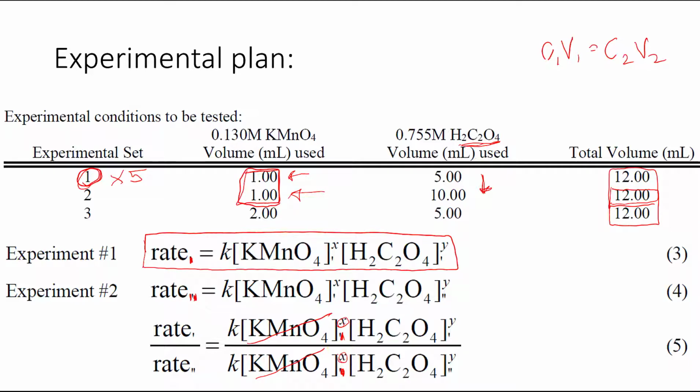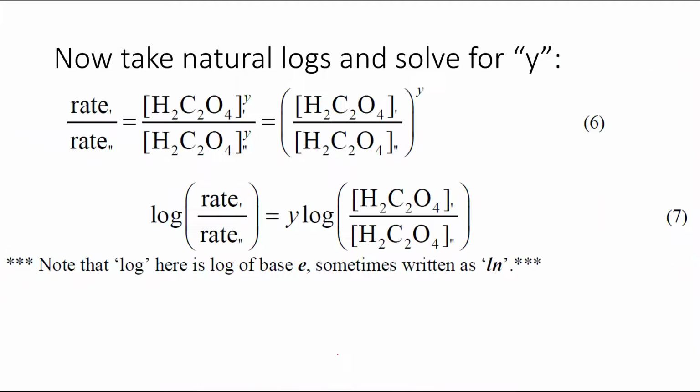Now we can simplify this equation. Here's our simplified expression. We can also now take the exponent outside of the brackets, since it's common to both numerator and denominator. The next step is to take natural logs of everything in this expression. When we do that, the exponent can come down so that it ends up being a factor for the natural log term on the right hand side of this equation.